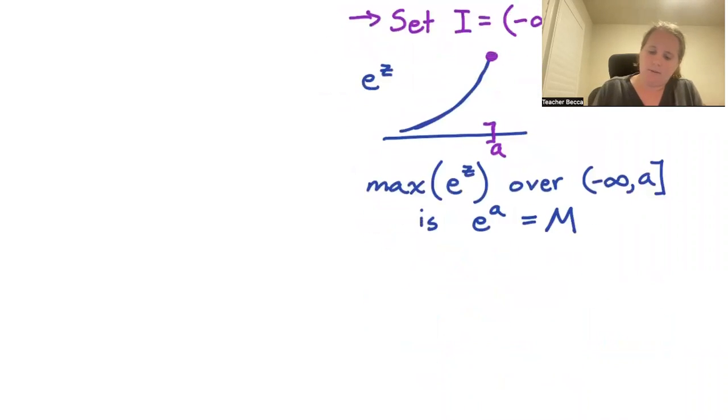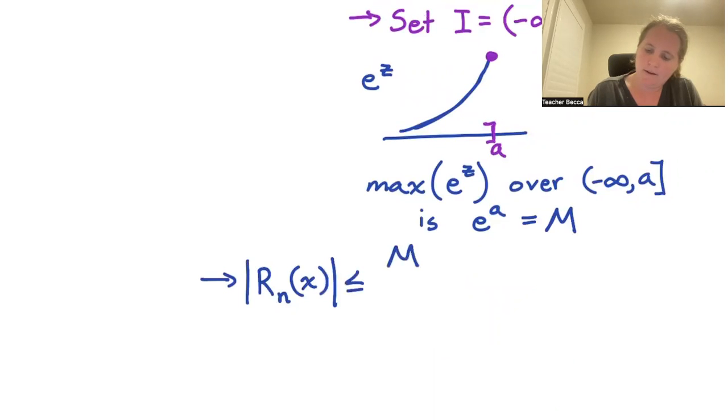So this becomes that our absolute value of r sub n of x is less than or equal to m over n plus 1 factorial times the absolute value of x raised to the n plus 1.